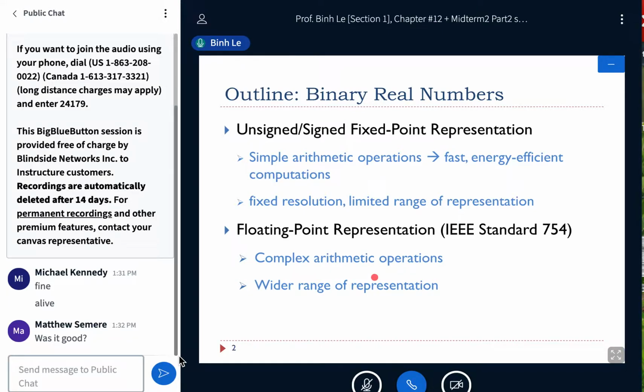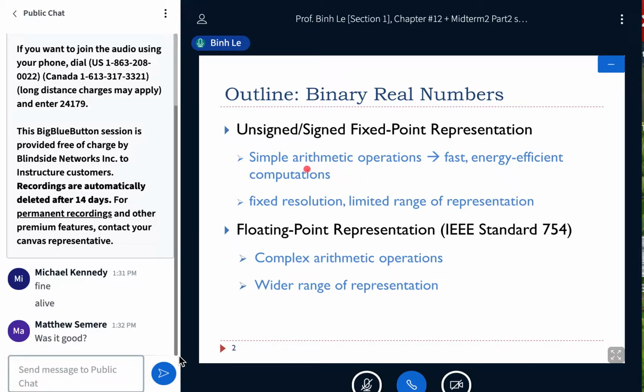So we really have to trade off between accuracy and the energy and performance cost.